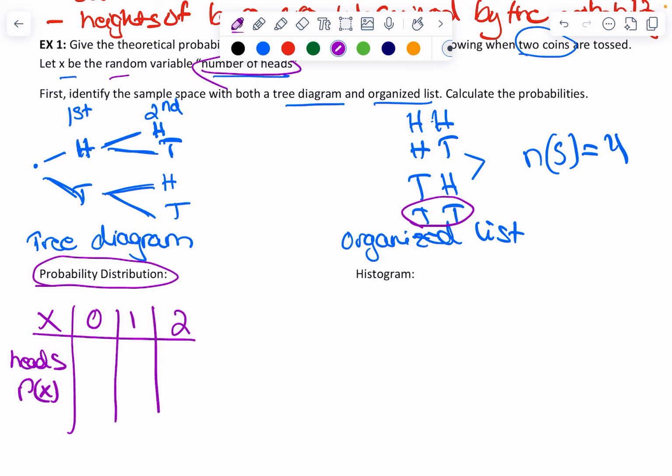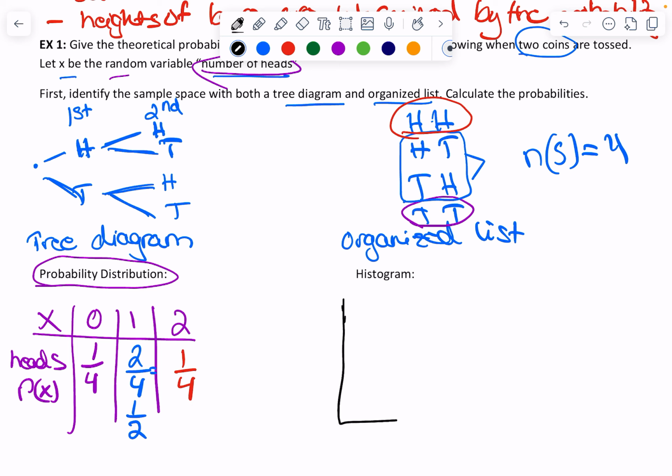So we have one option. So that's going to be 1 out of the 4, so 1/4. For one head, we've got these two options right here. So 2 out of 4. And then for the 2 heads, we have this one here. So it's 1 out of 4. Now the 2/4 we can simplify to a half.